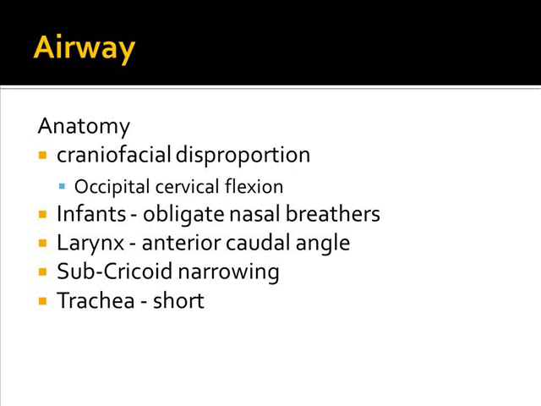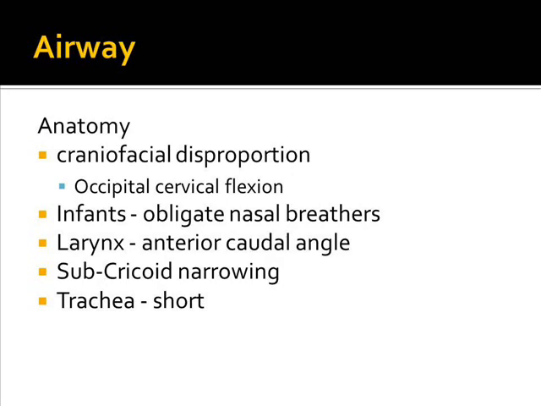The larynx usually has an anterior caudal angle, the subcricoid narrowing. The narrowest area is below the cricoid, and usually when you intubate, the tube might go through the larynx, but especially if it's a cuffed tube, it may fail to go below the subcricoid narrowing. Normally we use uncuffed tubes in pediatrics for this reason.